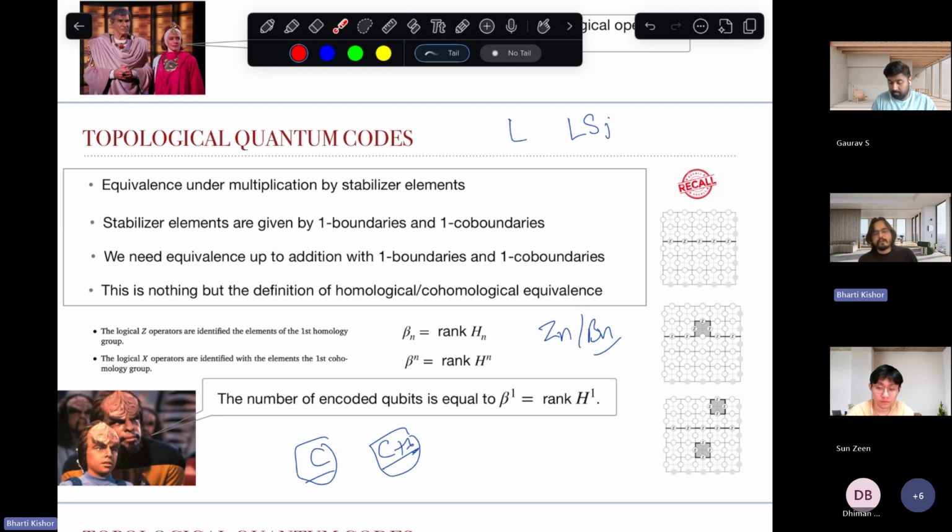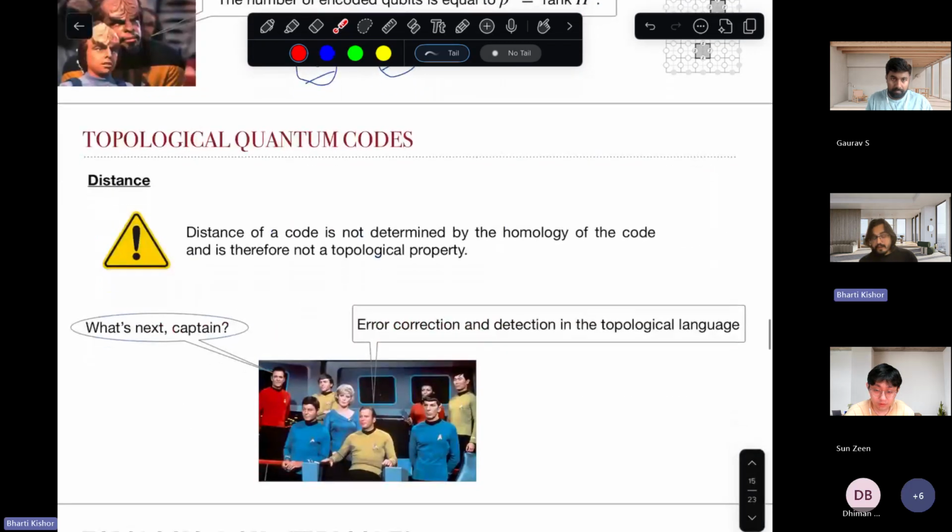You just count the logical Z and logical X operators, and that tells you how many qubits you have. Distance, on the other hand, is not determined by the homology of the code. It depends on the cellulation, so it's not a topological property.